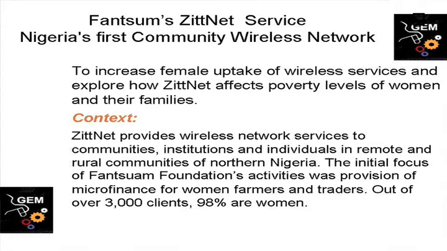And the last example I want to give is Nigeria. This is interesting. We have a member, sorry, that's a wrong spelling there. They're called FANSWAM. They've set up Nigeria's first community wireless network. FANSWAM works in the northern part of Nigeria. It's very rural.